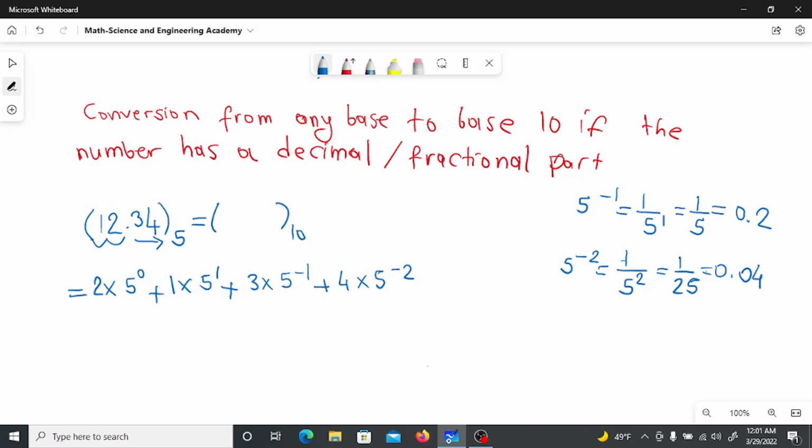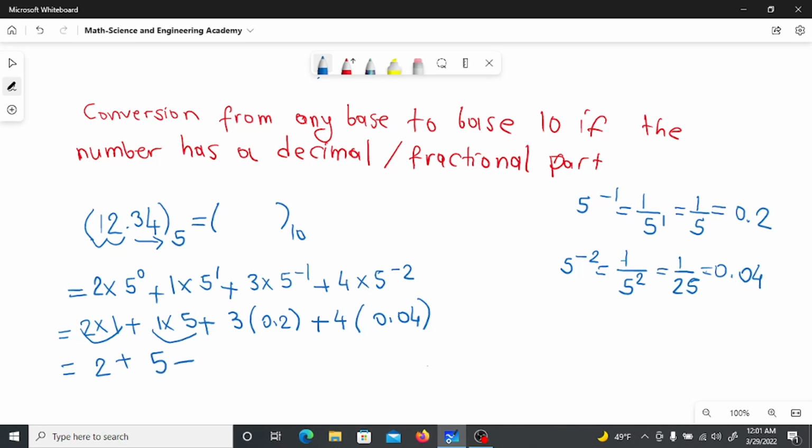Okay, let's plug in everything we got so far. 2 times 5 to the 0, which is 1, plus 1 times 5, plus 3 times 0.2, plus 4 times 0.04. Let's continue. 2 times 1 is 2, plus 1 times 5 is 5, plus 3 times 0.2 is 0.6, plus 4 times 0.04 is 0.16.